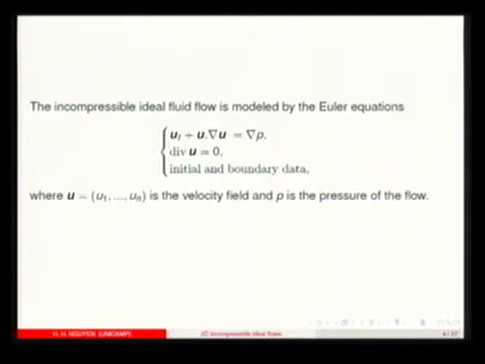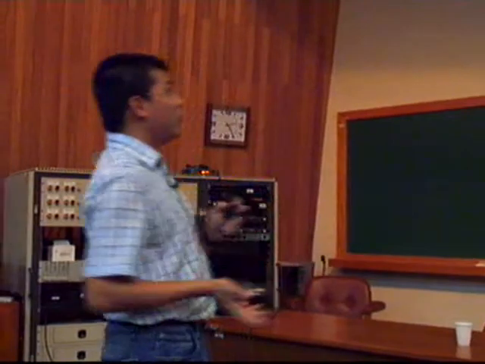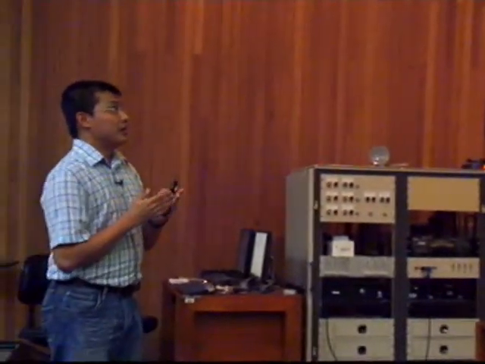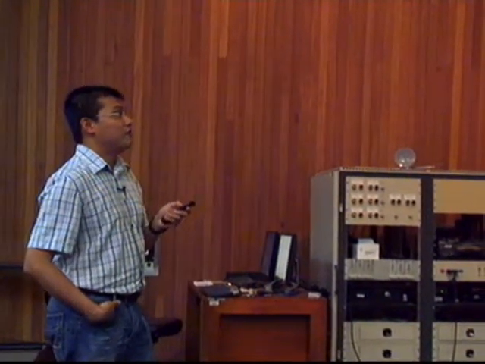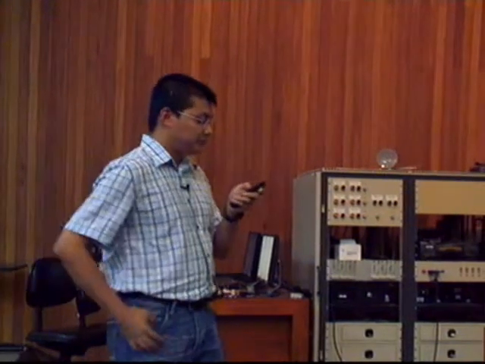The incompressible ideal fluid flow is modeled by the Euler equations. Here, U is the velocity field of the flow and P is the pressure of the flow. Actually, this flow is physically justified when the effects of the viscosity are small.